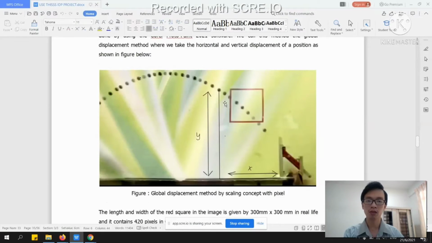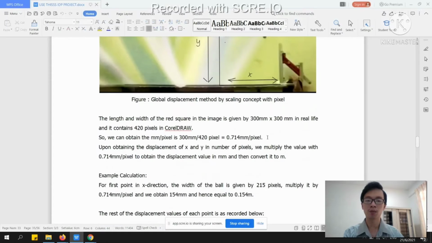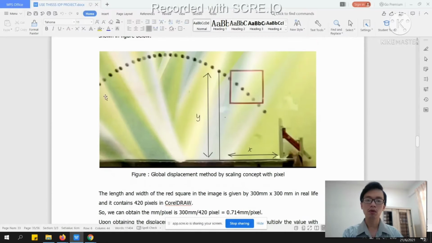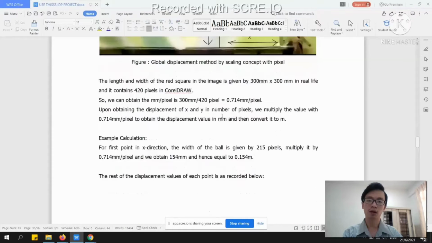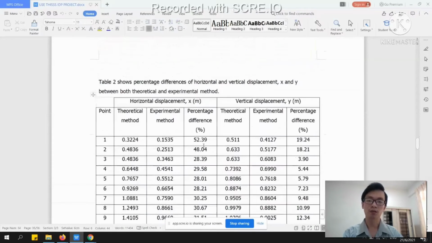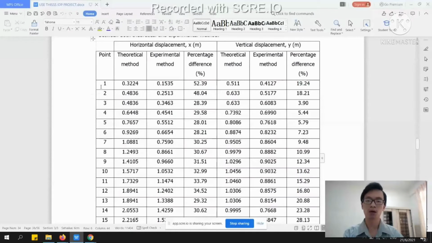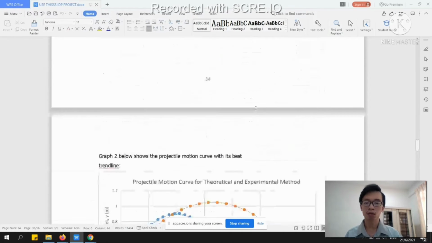We just find the displacement in pixels and convert it by multiplying by the per pixel value, and get the displacement in meters. So overall, the concept is still the same as the previous one, and after that we can tabulate the data for the 20 points and compare the percentage difference between the theoretical and experimental methods. So I will not be talking much about this.